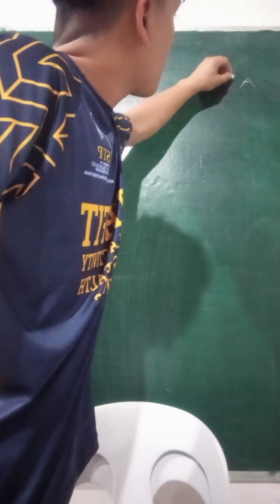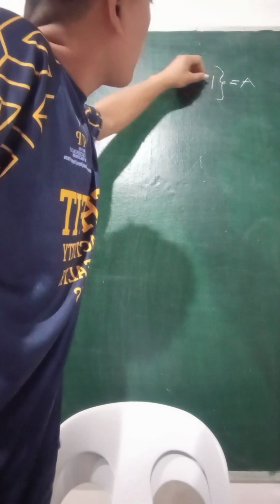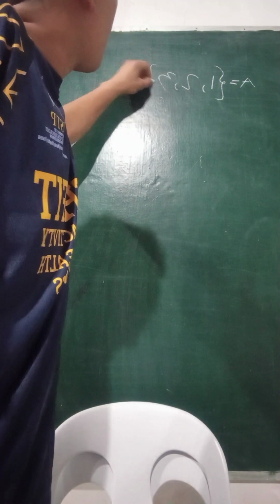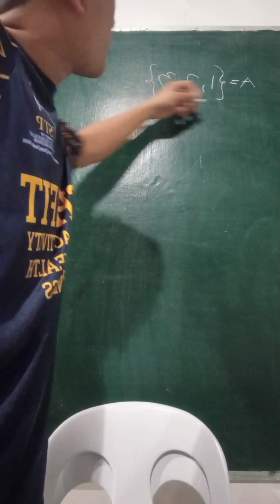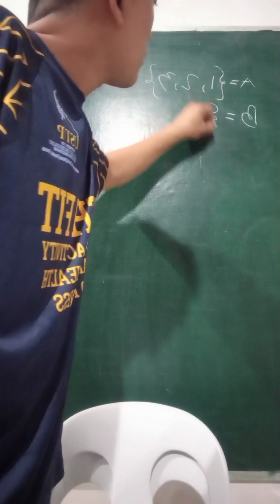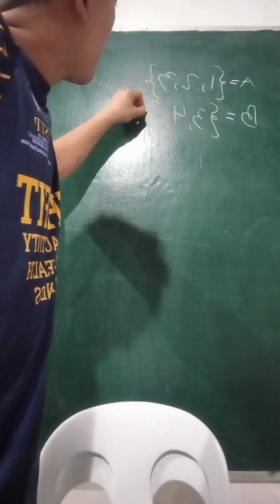So for example, if we have set A, its elements are 1, 2, and 3, and our set B is equal to 3, 4, and 5.